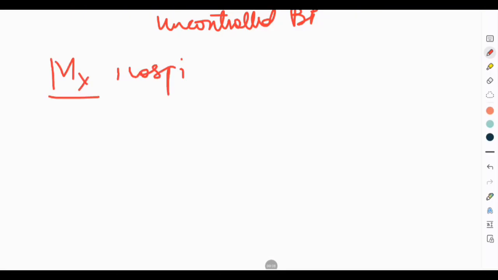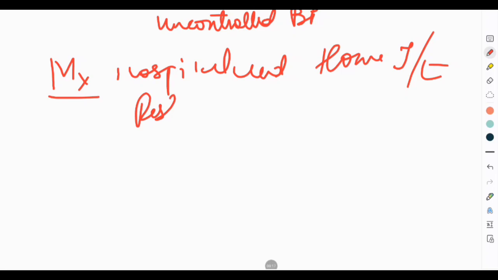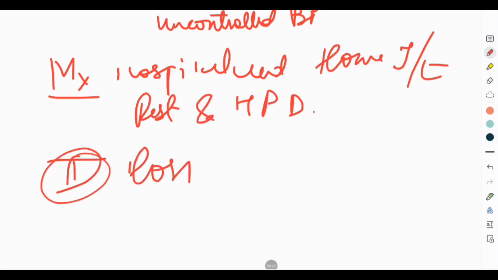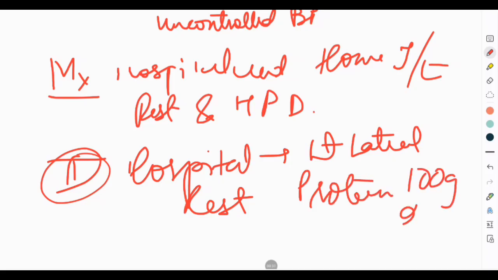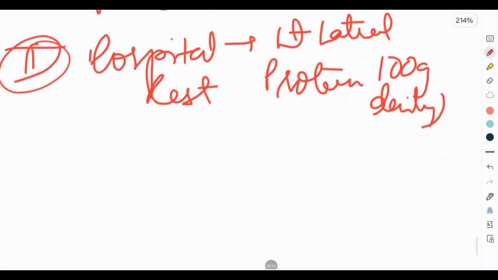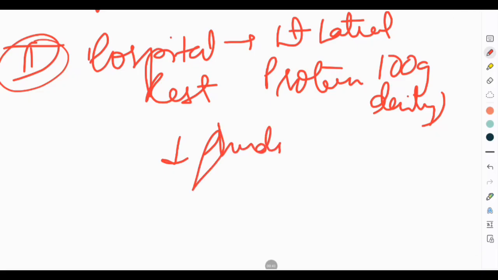First is hospital and home treatment. There is rest and high protein diet. Then in hospital, left lateral position, then rest, protein 100 gram daily, decreased fluids.